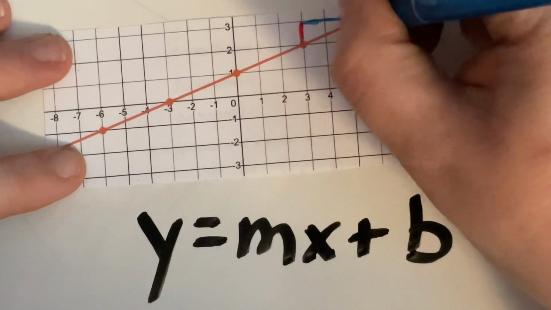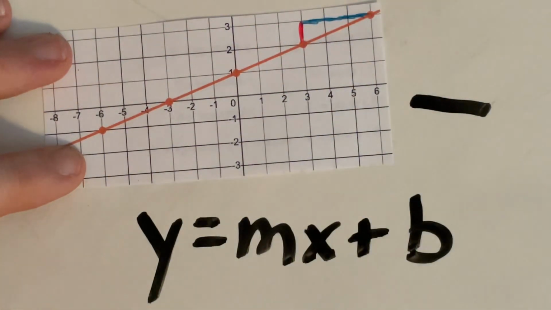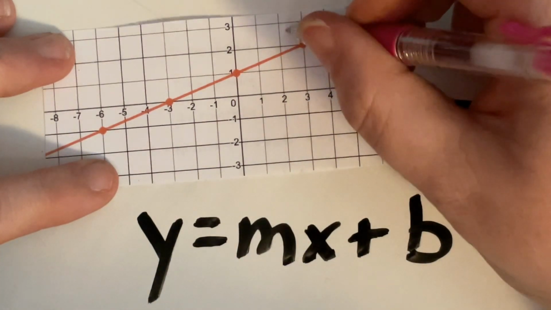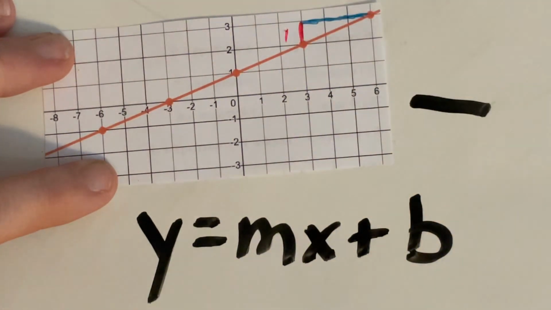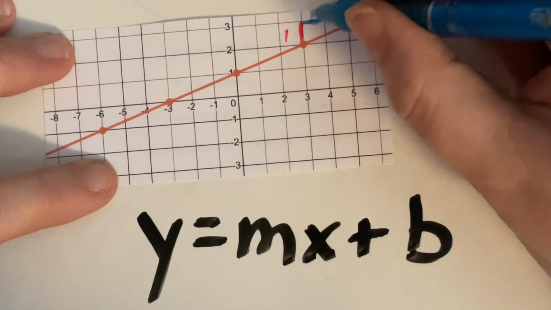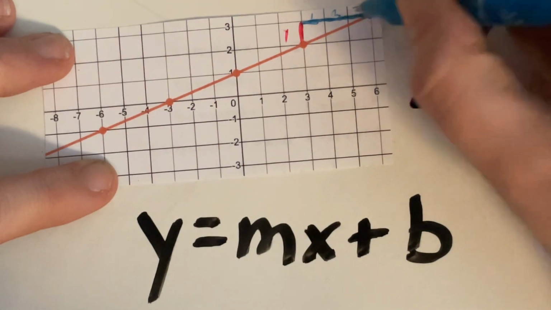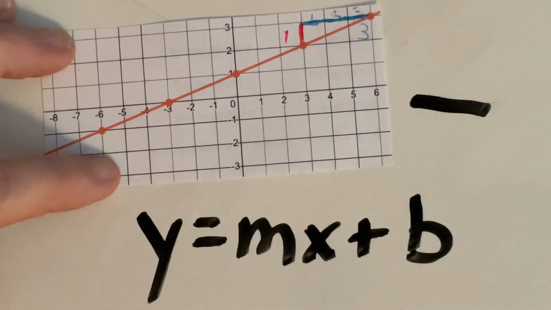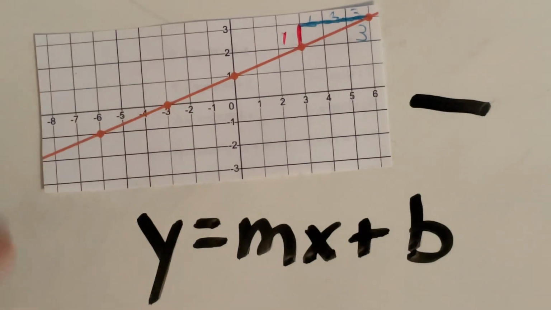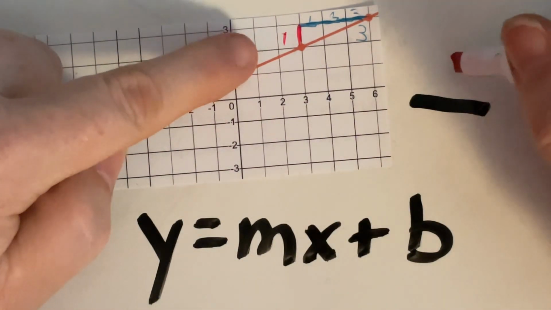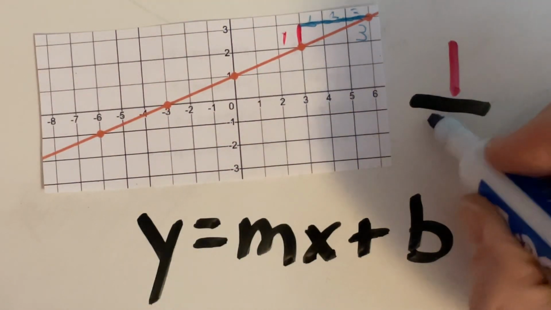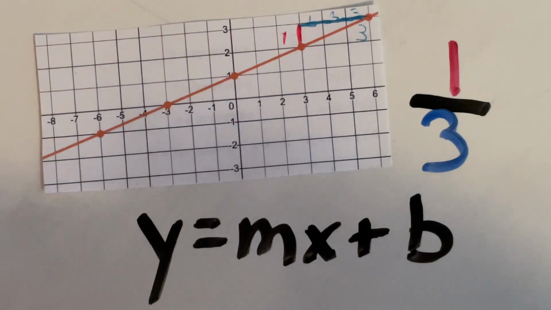It's very important that my triangle is only made up of 2 straight lines, none of that diagonal business. I'm going up 1, and I'm going over 1, 2, 3 boxes. So I'm going over 3. I'll write it down here because it's the only space I have room. So here's my 1 that I went up, and my 3 that I went over goes right there.